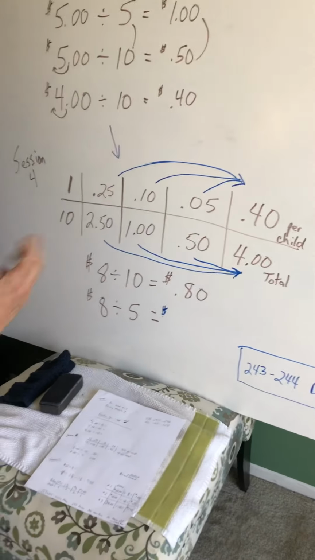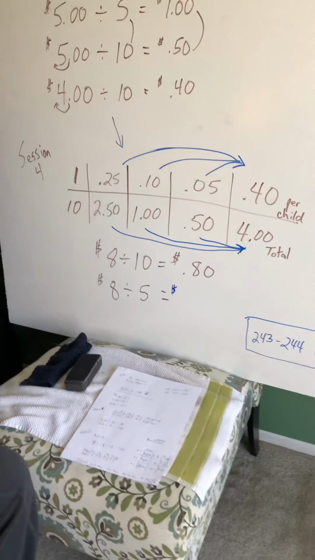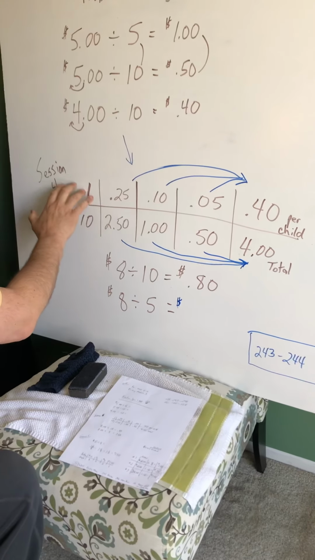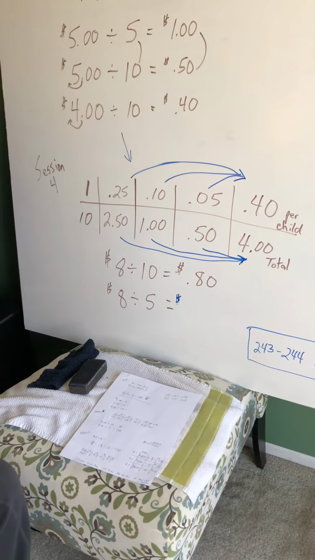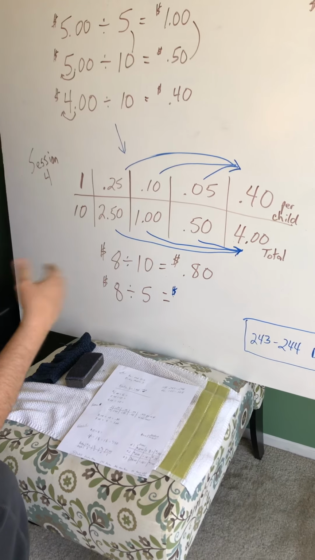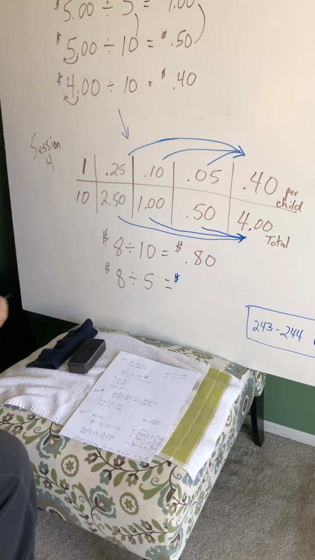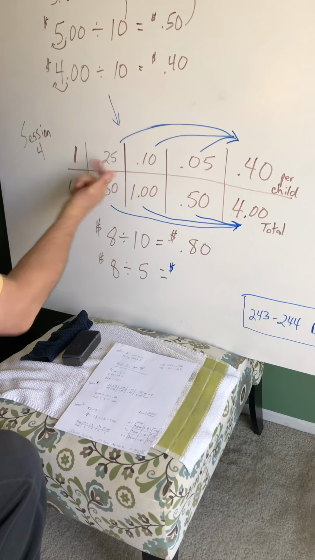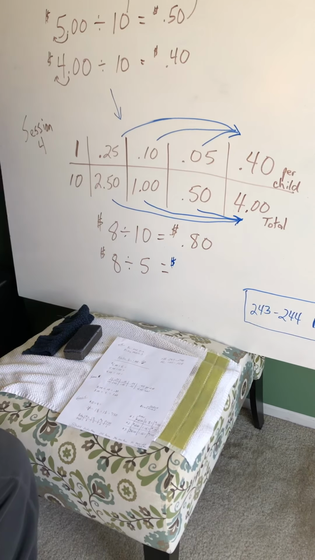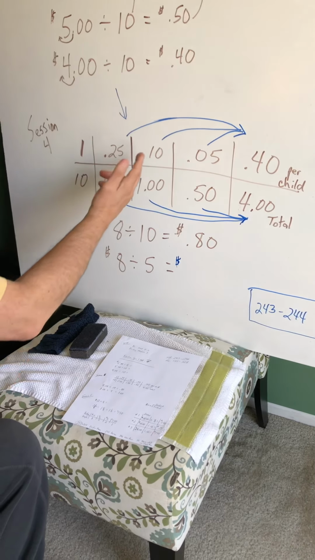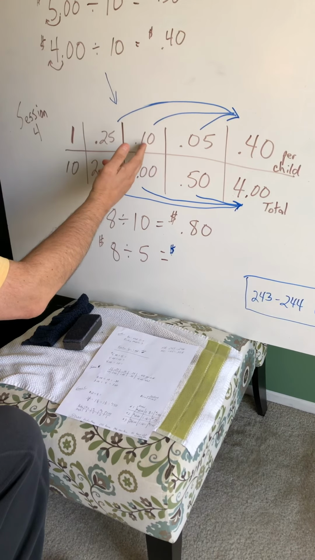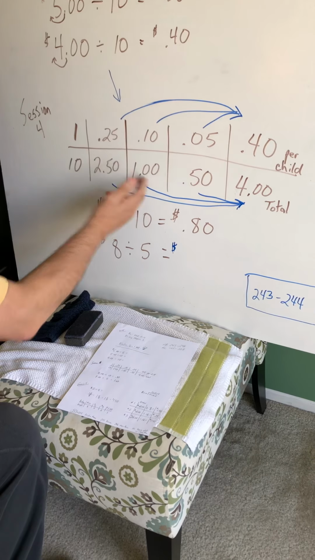into session 4. They look at that same problem where it's a times 10 ratio table. So let's say you started from the beginning, you're like, okay, I don't quite get this, so what happens if we had a quarter times 10, $2.50? What if we had 10 cents, a dime, times 10? That's $1.